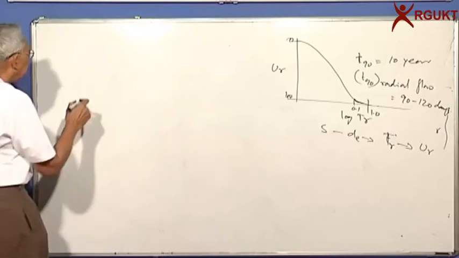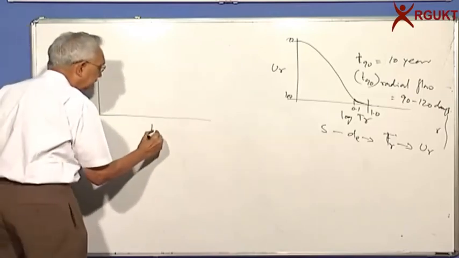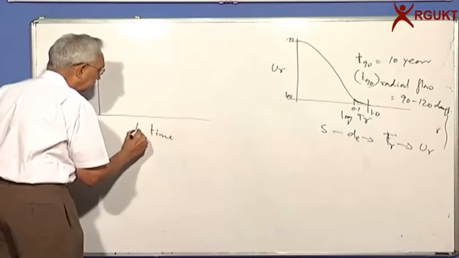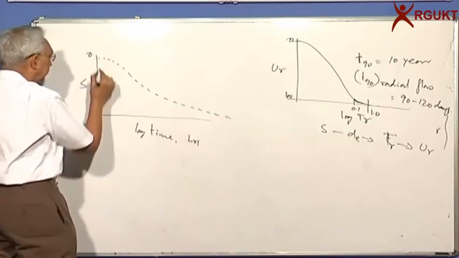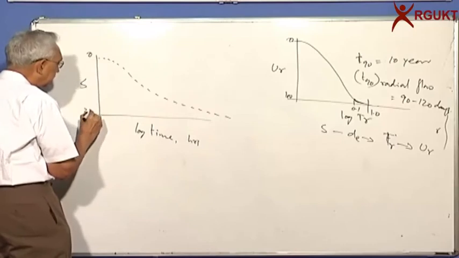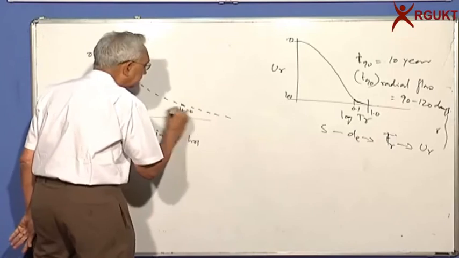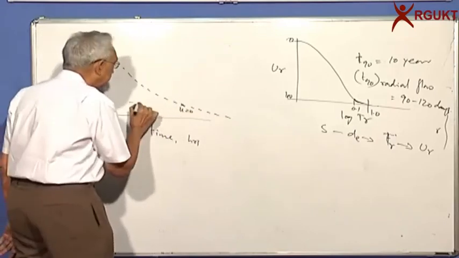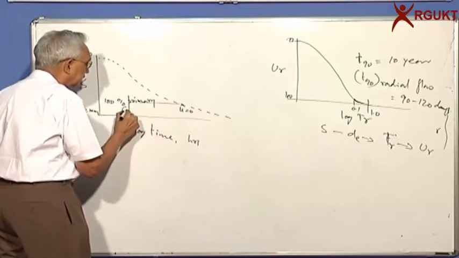If you remember, we said that if you plot settlement as a function of time t on a log scale, say in hours or something like that, this is 0, let's say maybe 2 mm in the lab, the pore pressure here is 0, which means we said 100% primary consolidation.